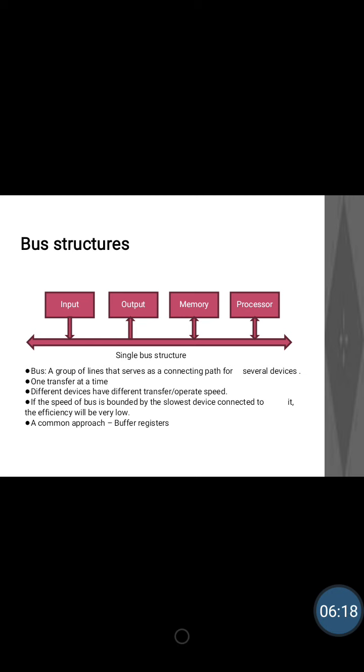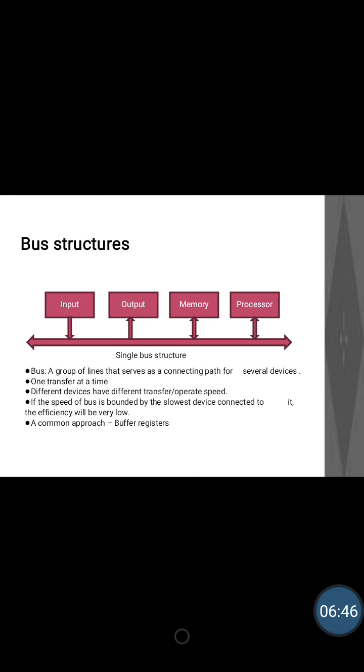Other devices such as magnetic disk and optical disk are faster devices. Faster, they are not fastest, they are faster than the prior ones, that is keyboards and printers. But memory and processor which are connected to the bus are the fastest devices because they operate at electronic speeds.